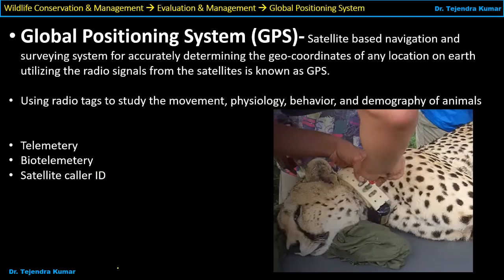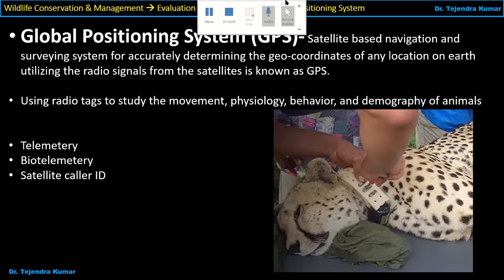Let's move toward the Global Positioning System or GPS. GPS is actually a satellite based navigation and surveying system for accurate geo coordinates of any location on Earth, utilizing radio signals from satellites.